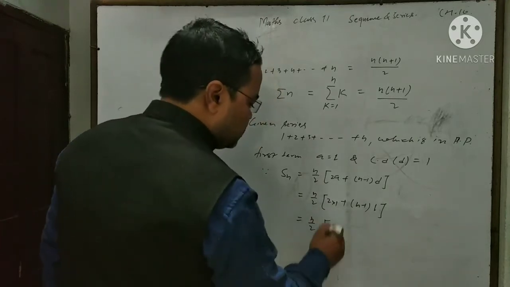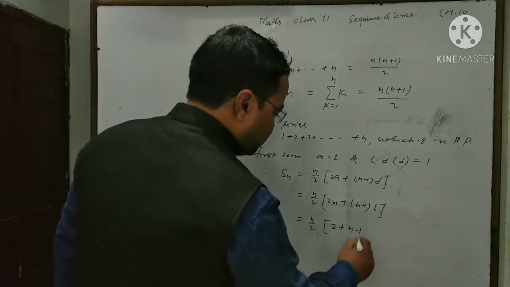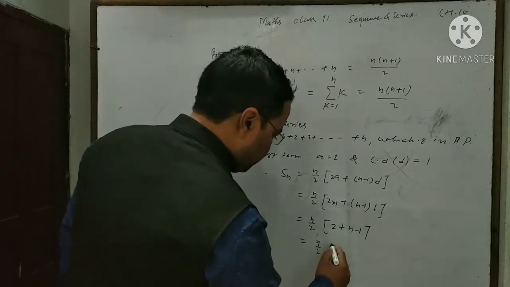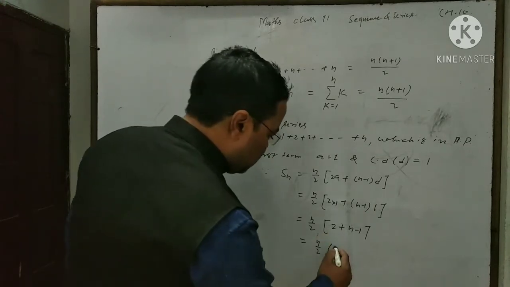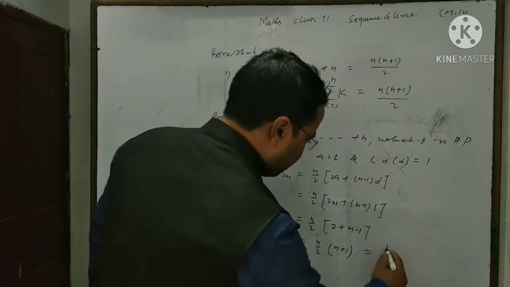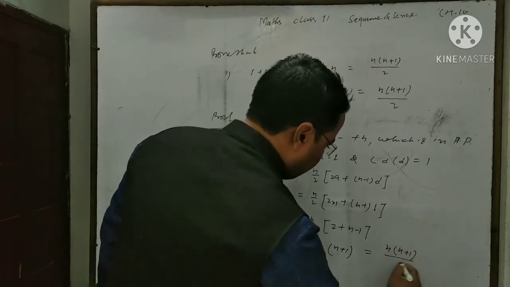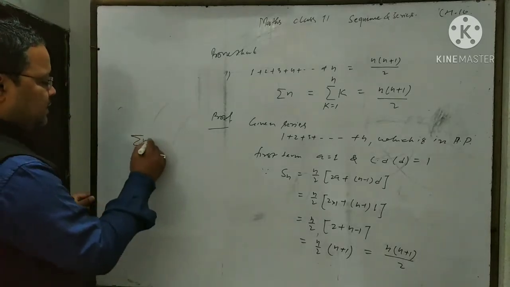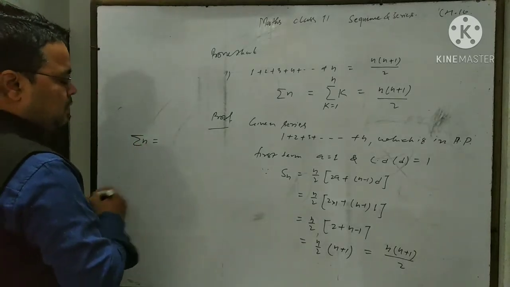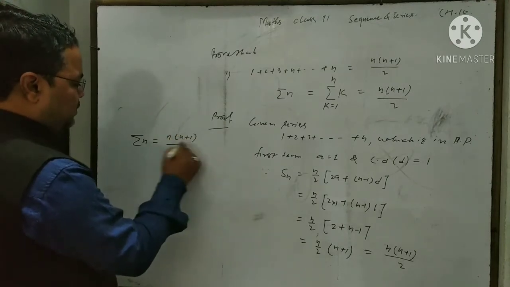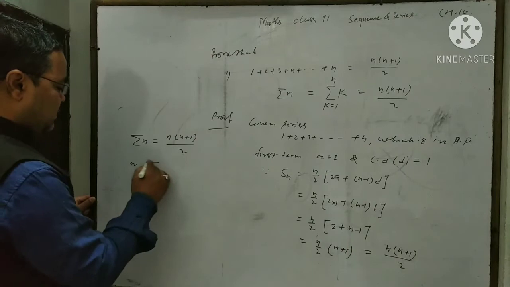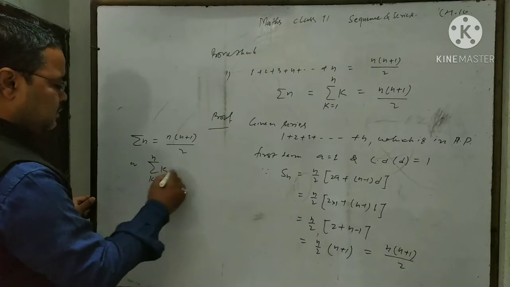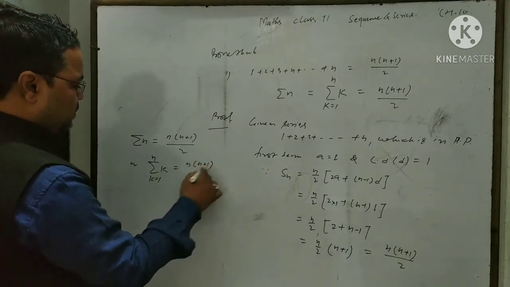Then 2 into 1 is 2 plus n minus 1, which is equal to n by 2 into 2 minus 1, that is 1, plus n, which is n plus 1. Finally we can write n into n plus 1 by 2. In this way, the sum of the first n terms, or the sum of the series from 1 to n, is equal to n into n plus 1 by 2.